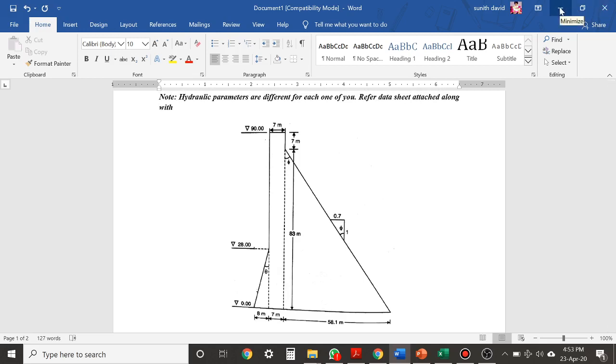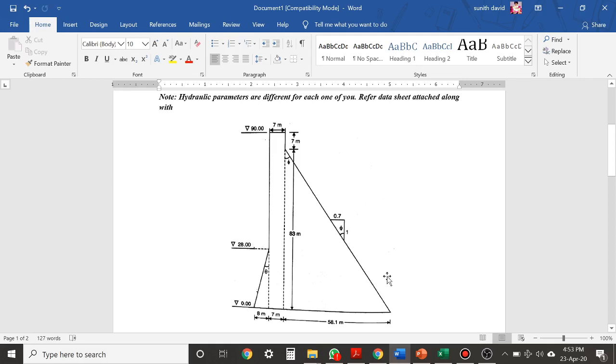You have to take the weight of this upstream side of water from here, up to where you have the upstream water level. Suppose you have upstream water level up to here. This is actually the top of the dam. So you take up to here, then you can divide that area into a triangle and a rectangle. Then you calculate the self weight of the water.